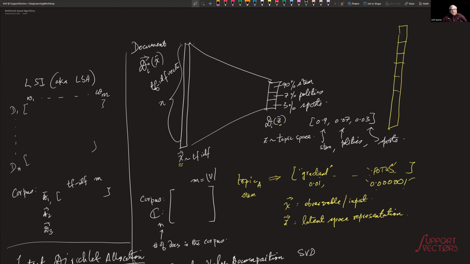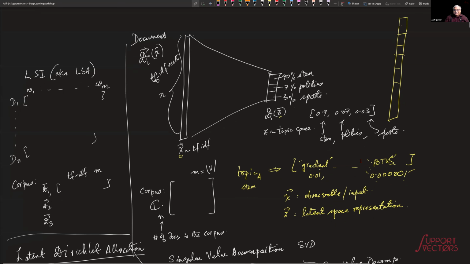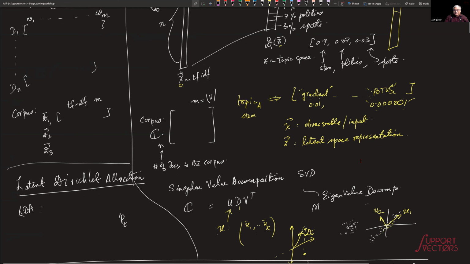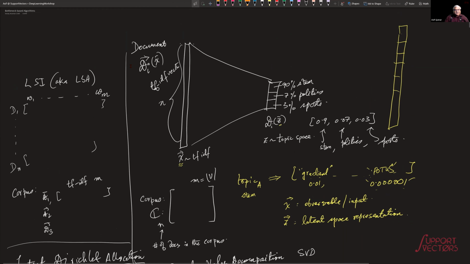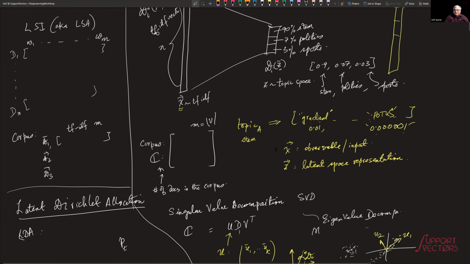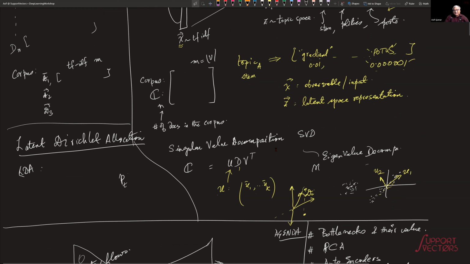We said that all of these neural networks have a certain structure. The structure is that you can compress things down to a much lower dimensional representation. I use the word Z for the lower dimensional representation and X for the initial vector space, which is a much higher dimensional space. One example that we took is the singular value decomposition. In singular value decomposition, you just do SVD, LSI, latent semantic indexing.